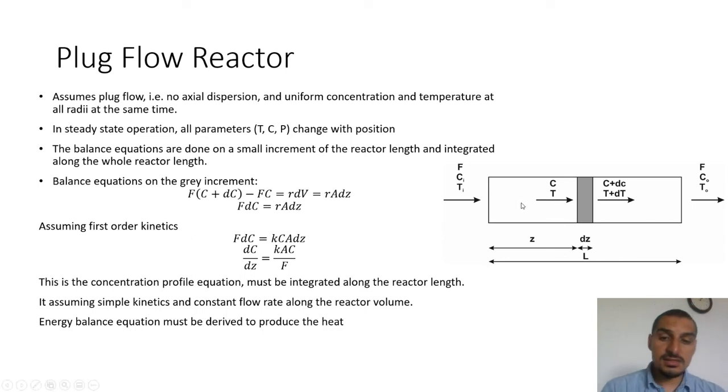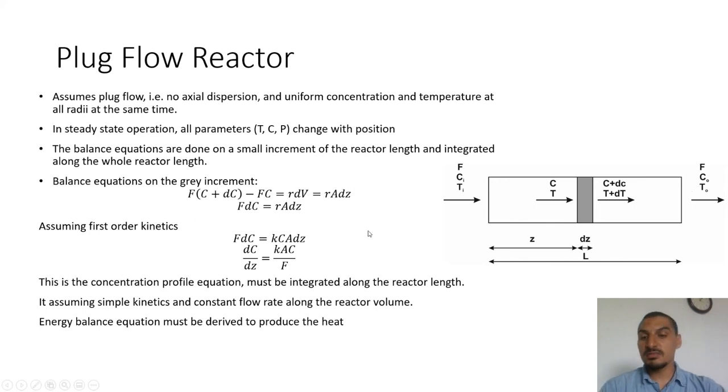In this case, by solving this equation, you should get a concentration profile, showing how the concentration changes with distance along the length of the reactor. You should include again the energy balance equation, and in this case you have to take into account that there is a change of temperature with the length.